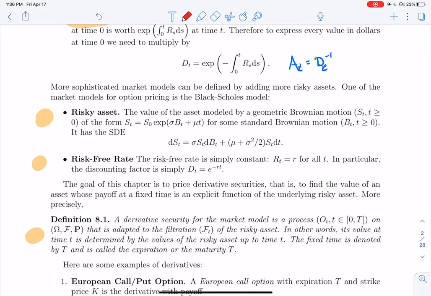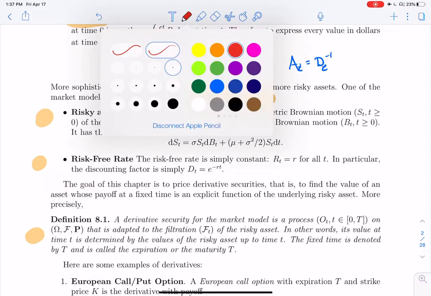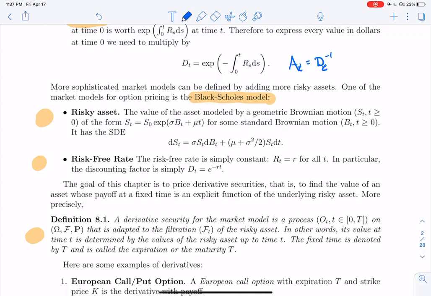The simplest non-trivial example of that is the Black-Scholes model that you've probably seen before. In the simplest Black-Scholes model, what we take for the risky asset is a geometric Brownian motion, but not necessarily a martingale, because I have mu here.